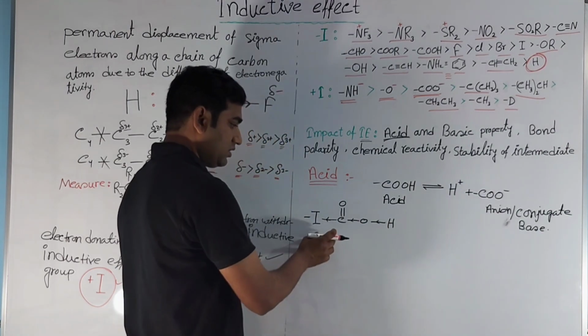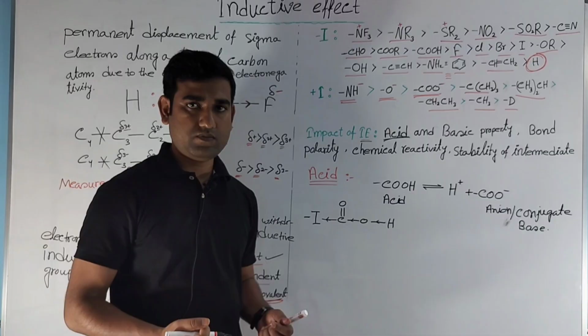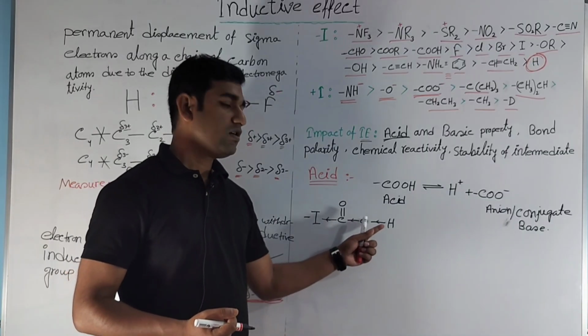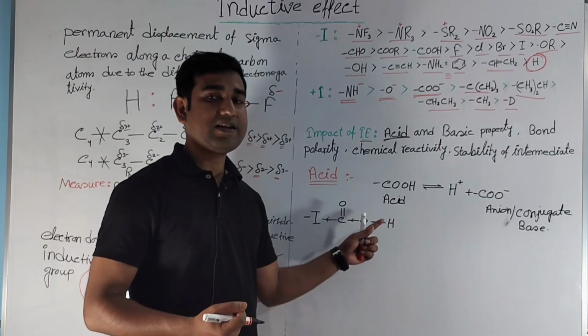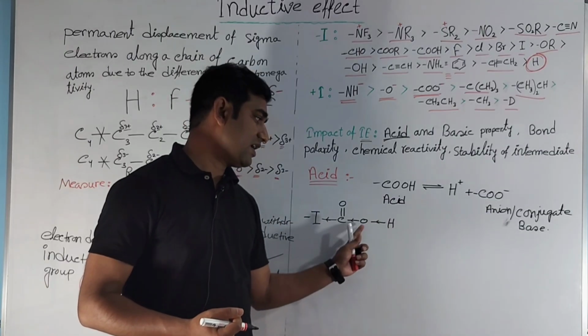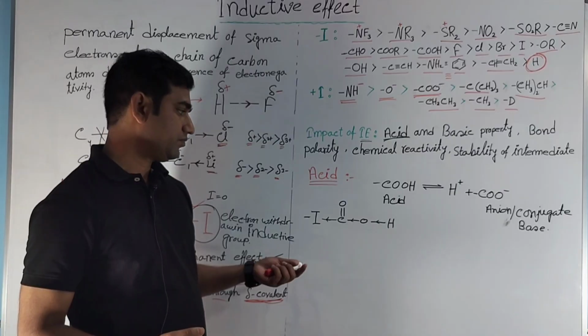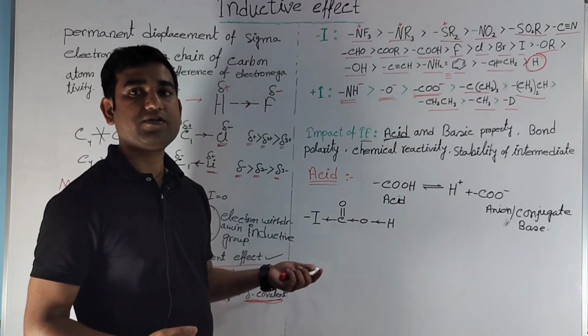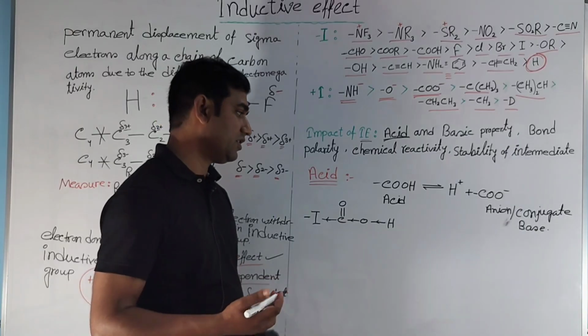Then once it pulls the electron, that OH bond will be more polar, and it can easily release the proton, and its acidity will increase. Once the proton is released, acidity will increase.